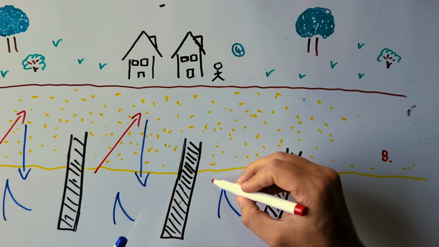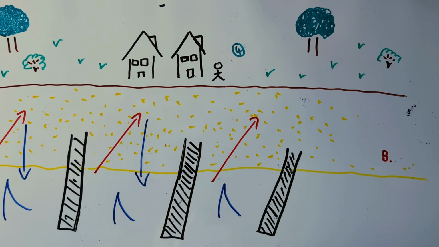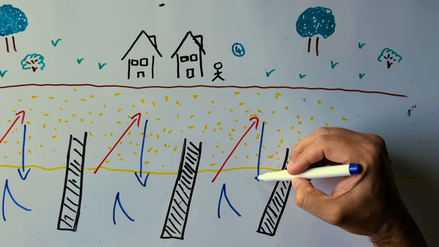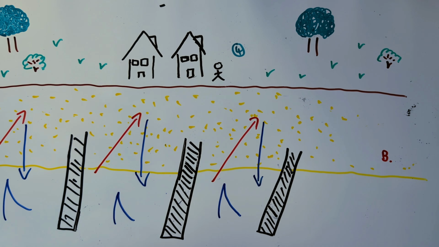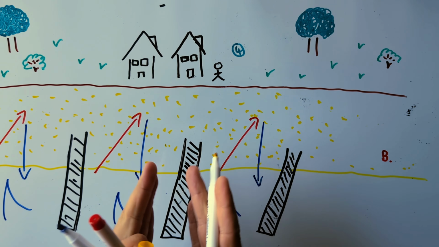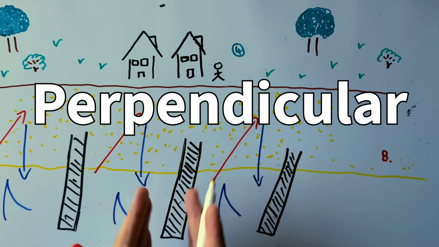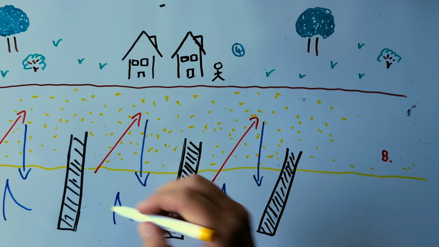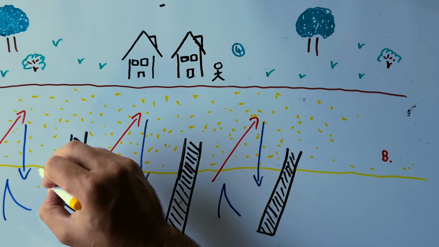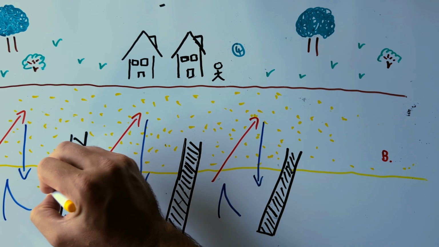Swash comes in, then backwash comes out. Okay, cool, but how does that link to our coastal management? What you do is you build these groins perpendicular, at a right angle to the beach, and what they do is they trap the sediment.